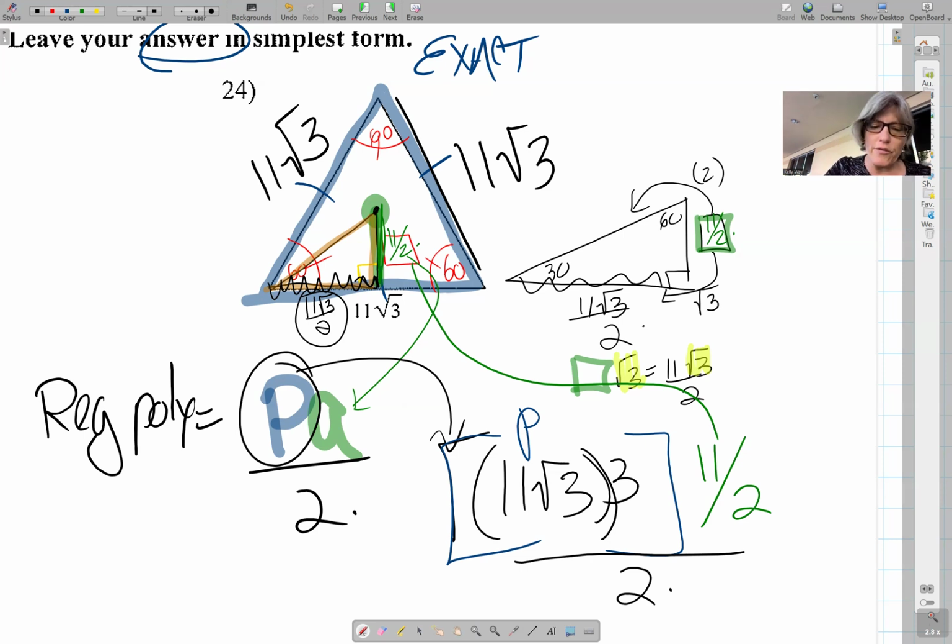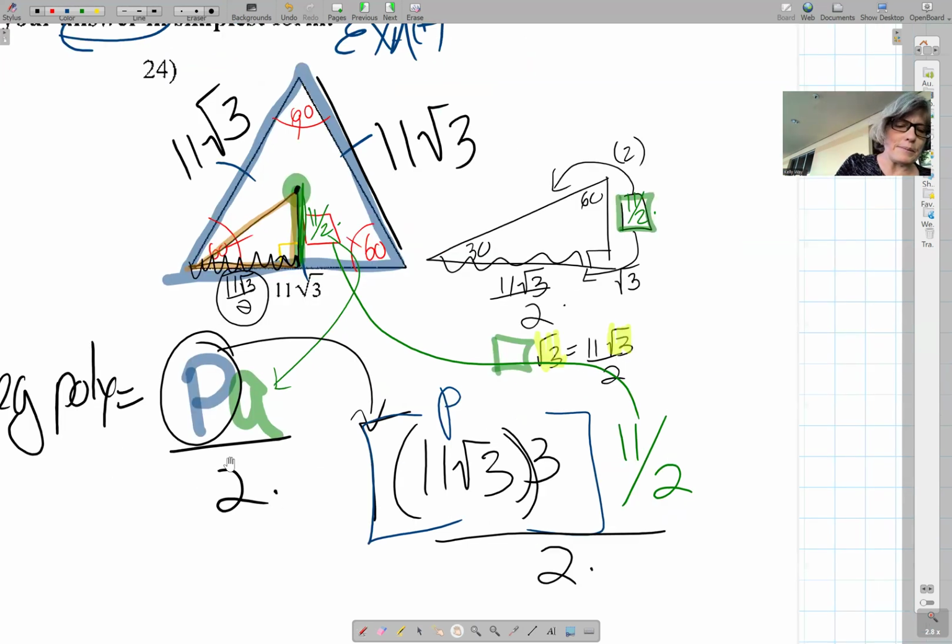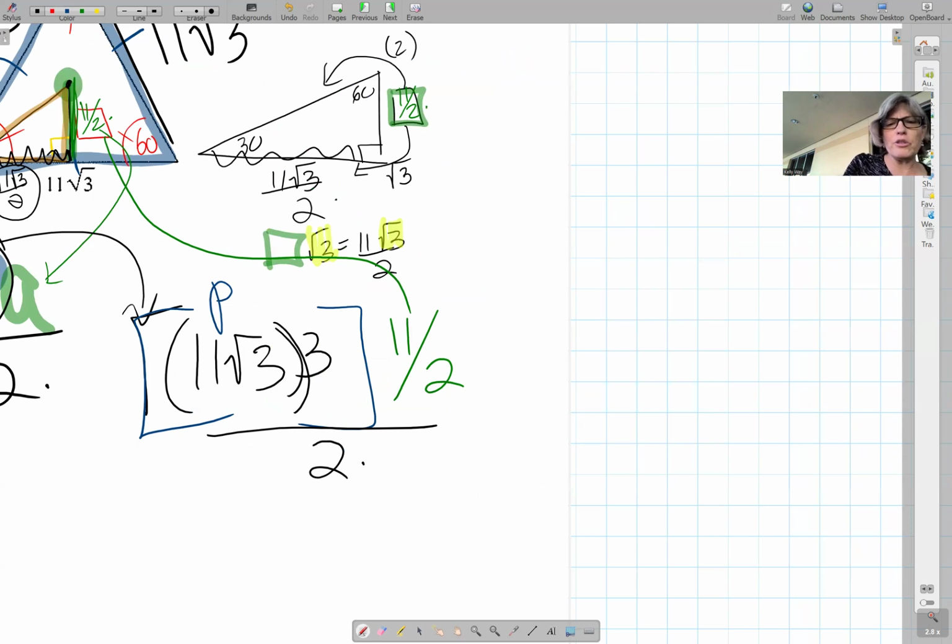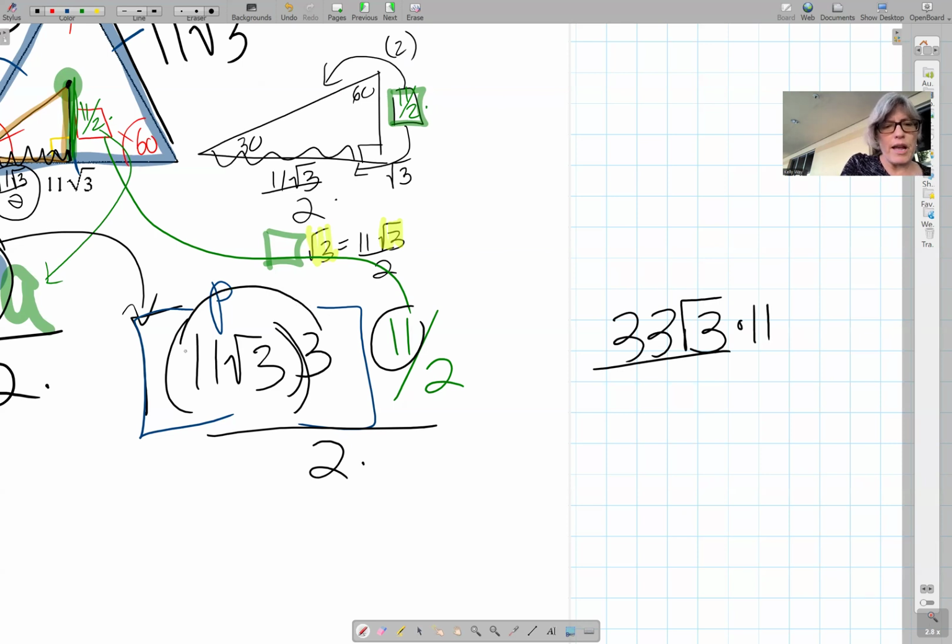You simplify it from there. All right, I'm going to change it in the margin. We're going to go 33 root 3 over, that's the 11, times 11. That's that times 11 over 2 divided by 2. And you take it from there.